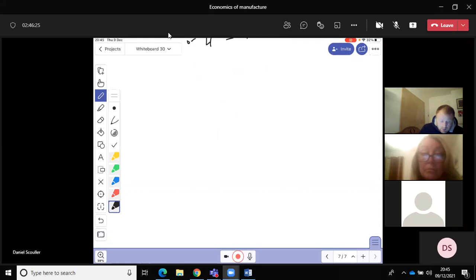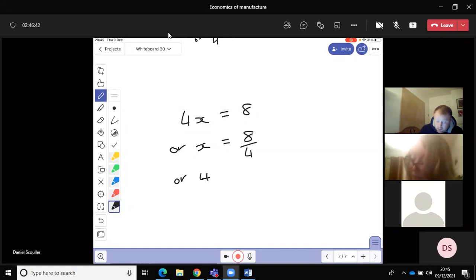Likewise, if we've got 4x equals 8, we can say x is equal to 8 over 4, or we could say 4 is equal to 8 over x.